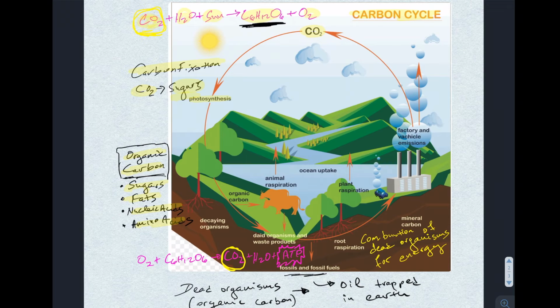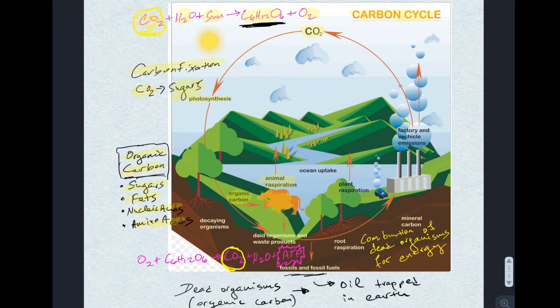Organisms will recycle this organic carbon amongst themselves through consumers, primary, secondary, and so on and so forth. And we can see that that organic carbon will get transferred to other organisms. Those organisms can then do their respiration.